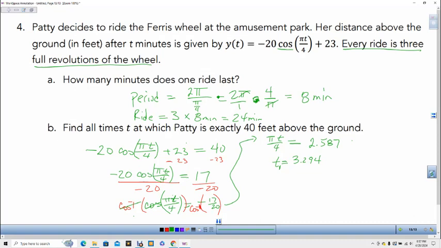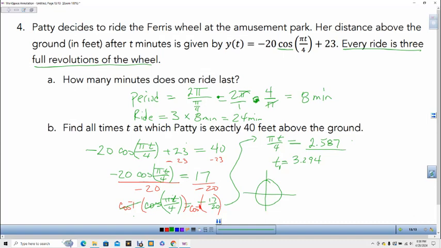So what we really need to find is the other place where pi t over 4 is going to give us the exact same cosine value. We need to figure out where that is on the unit circle, because we need exactly the same value out of it twice.